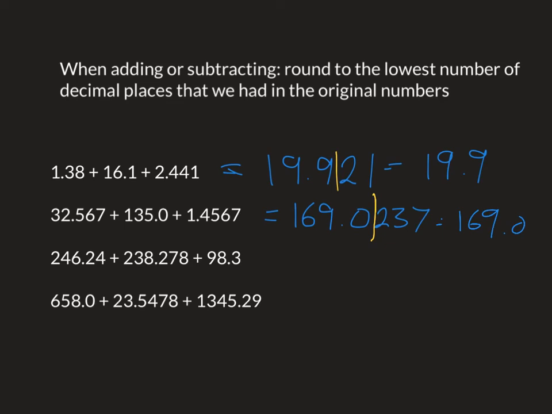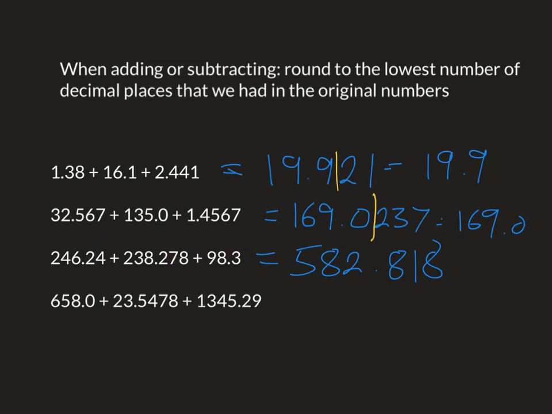On to our next one. I'm going to go 246.24 plus 238.278 plus 98.3. When I throw that in the calculator, what I get as an answer is 582.818. Just like before, I looked at my original numbers to see which one had the fewest decimal places: 2 decimal places, 3 decimal places, only 1.